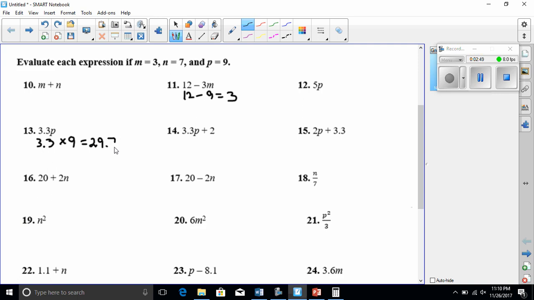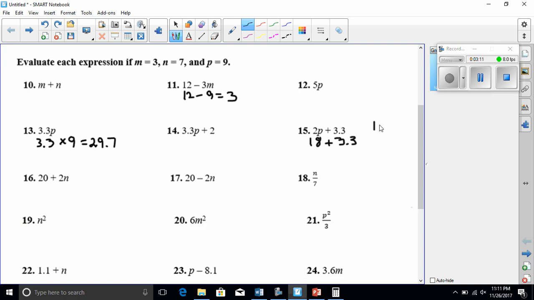29.7. All right, if I go to number 5, now I have 2p, and p is 9, plus 3.3. So 2 times 9 is going to be 18. So we really have 18 plus 3.3. And that's pretty easy to do.